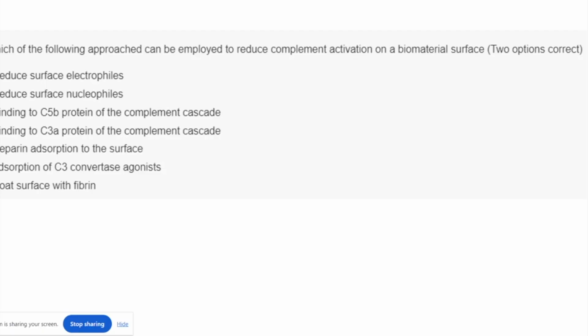Okay, we have the next question here. Which of the following approach can be employed to reduce complement activation on a biomaterial surface? You have to select two correct options here.